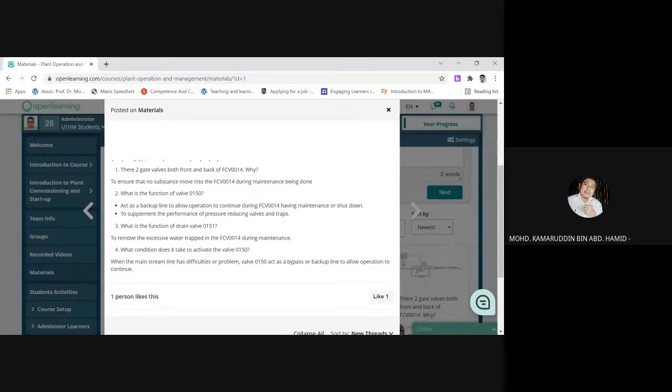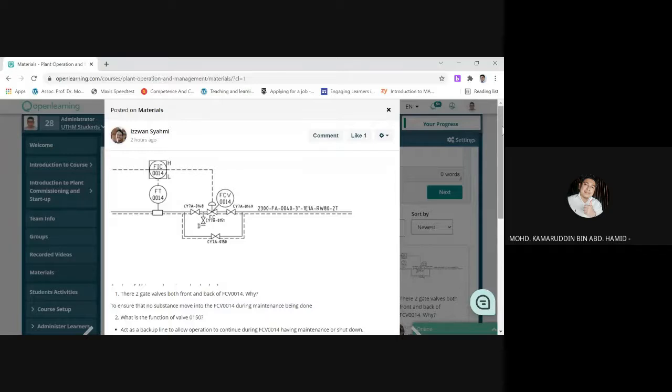What kind of problem? Okay. So normally it's because of the valve stuck. That's the reason why you need to activate the bypass valve, because these two valves are already stuck, and not the control valve is stuck.